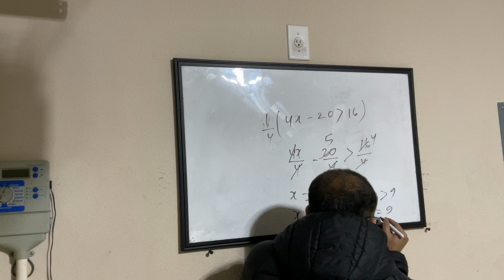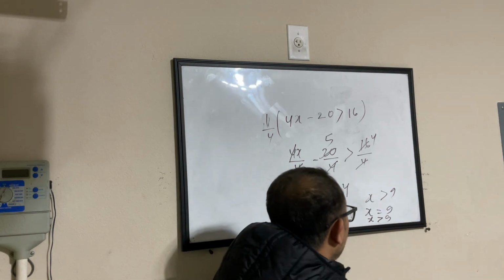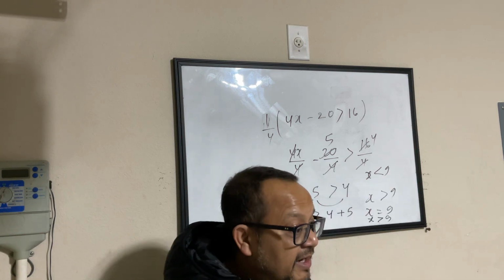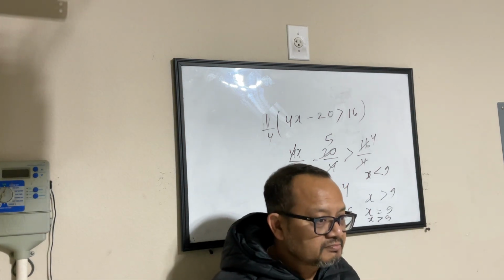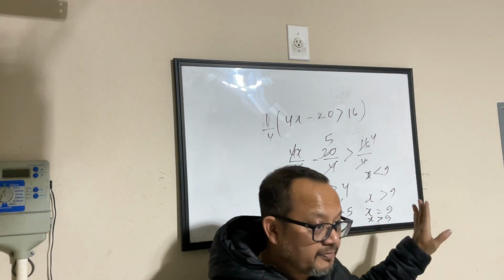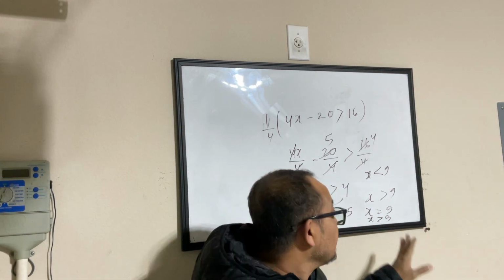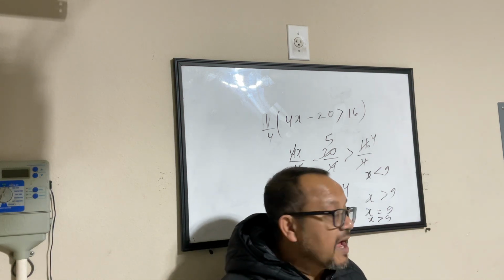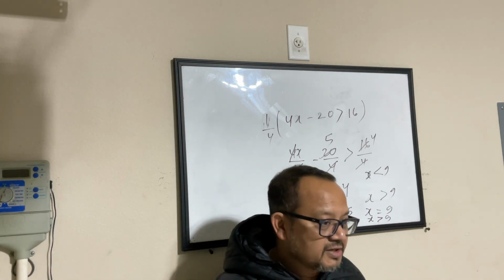Even if you are dealing with less than 9, we are talking about an infinite number of solutions. Anything and everything that satisfies this condition will hold true. So that's why you have an infinite number of solutions, and this is called inequality.